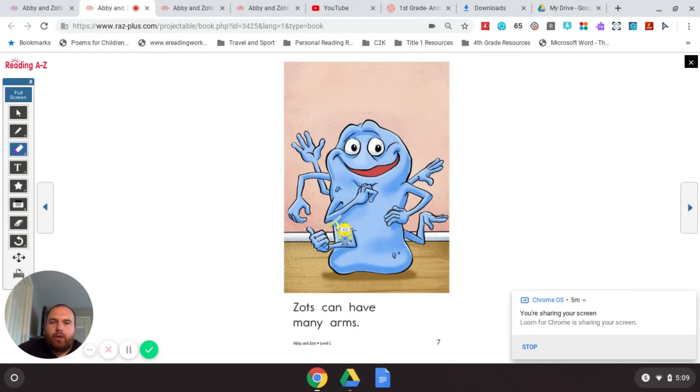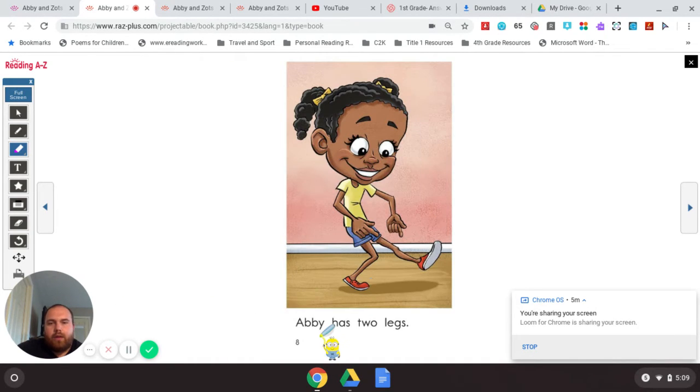He's got, let's see, 1, 2, 3, 4, 5, 6, and 7 arms. Wow. Abby has 2. What is she showing off in this picture? It starts with l. Legs. She's showing you her legs, right?